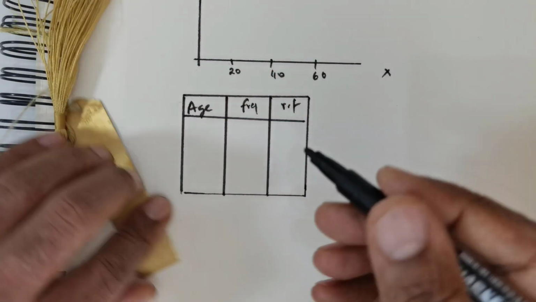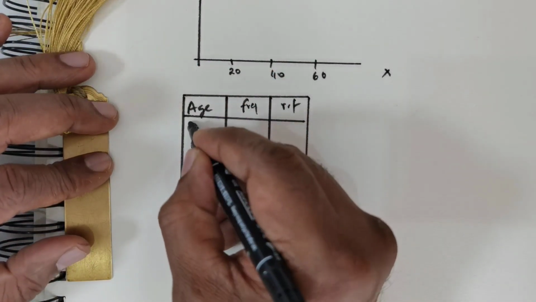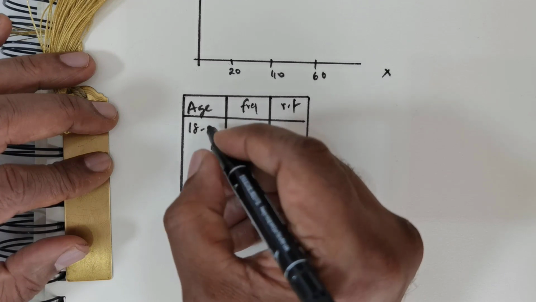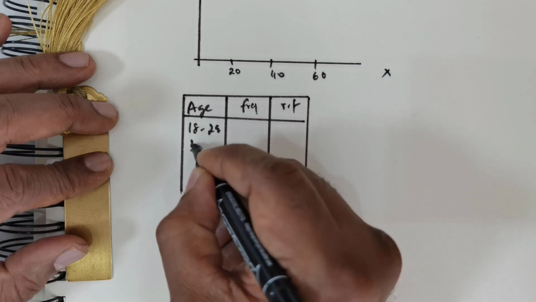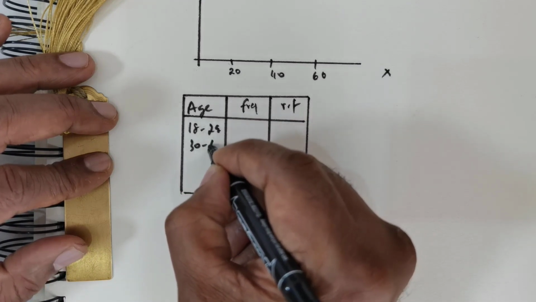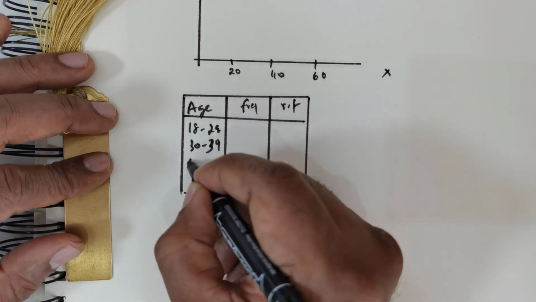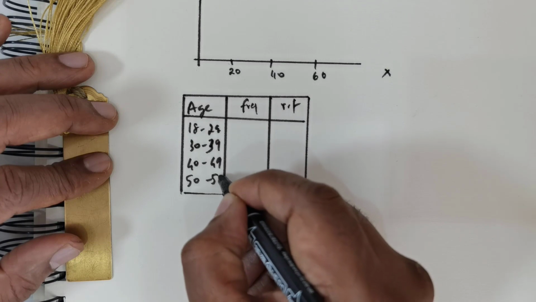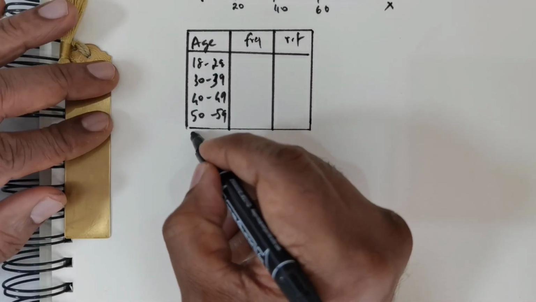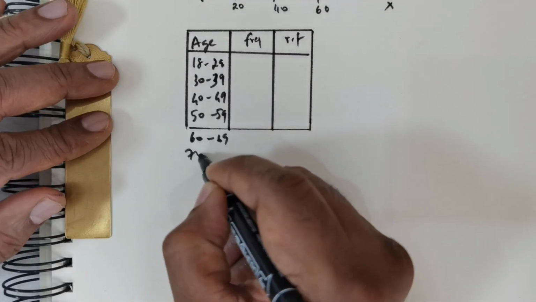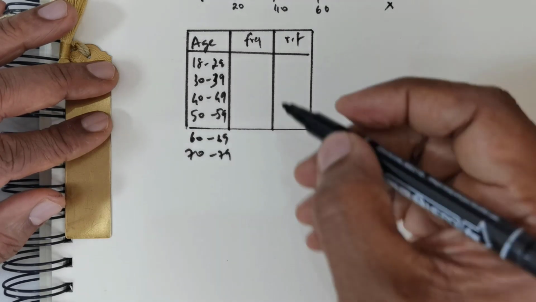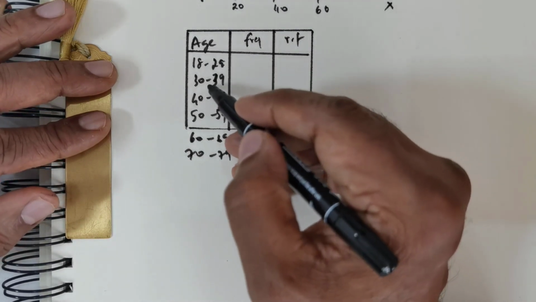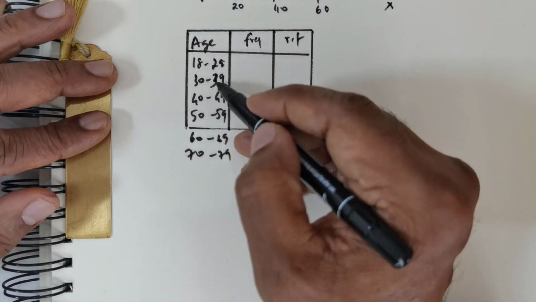So you find out the age group. You can just take it like this, 18 to 29, 30 to 39 and 40 to 49, and then 50 to 59 and then 60 to 69, 70 to 79. Now you may be wondering, why does this start from 18 to 29 and then over here 30 to 39?